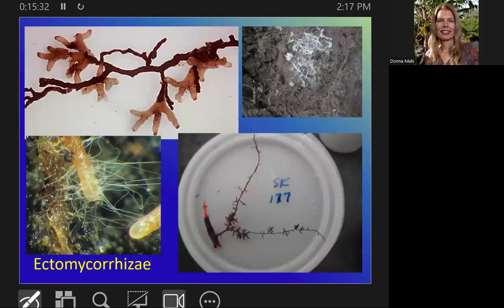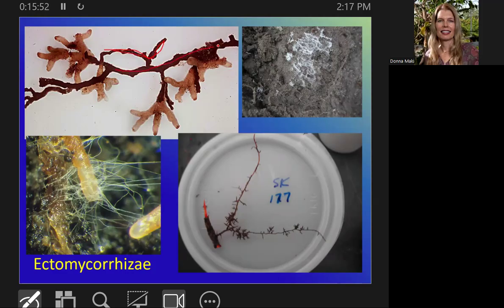Here are some ectomycorrhizal fungi from different viewpoints. If you dig up a root, or go to a tree that's been blown over, and you have a hand lens with you in particular, you can go up to the roots and look at them. The darker brown is just root tissue.